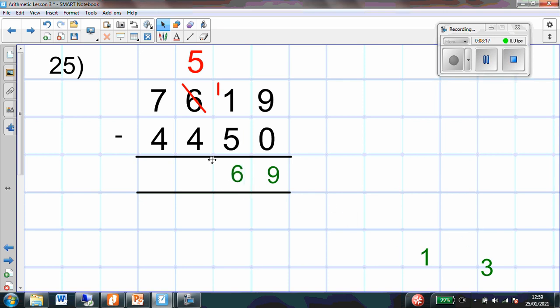So I've got 6 tens left. 5 take away 4. I know 5 take away 4 is 1. And 7 take away 4, well, that's 3, isn't it? Have another go if you've got any of them wrong for me and see if you can improve upon your score.